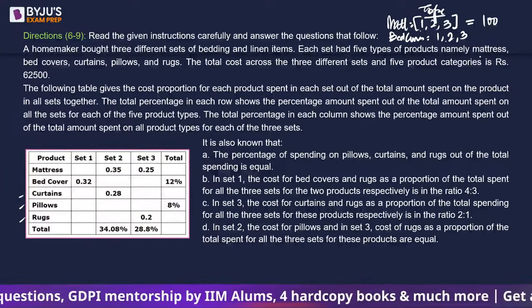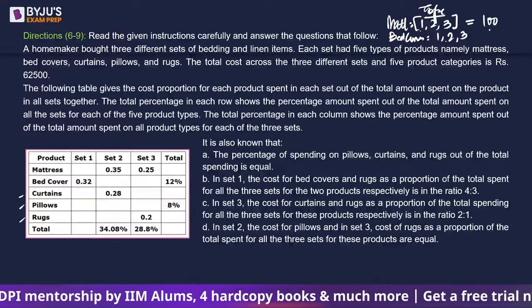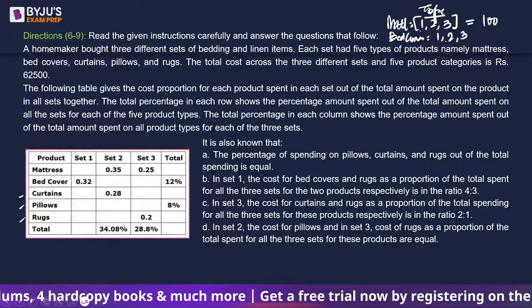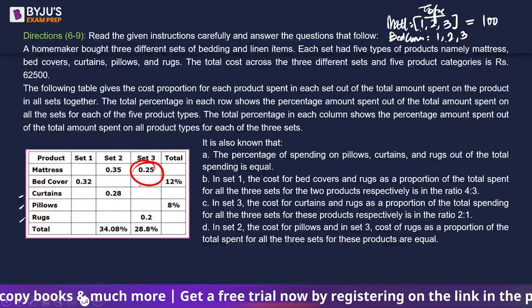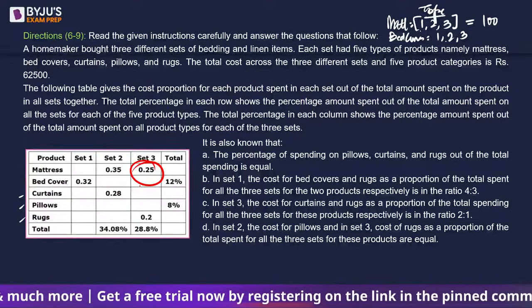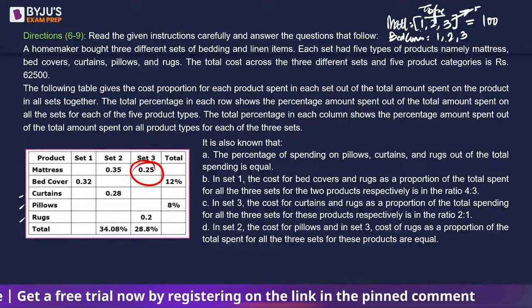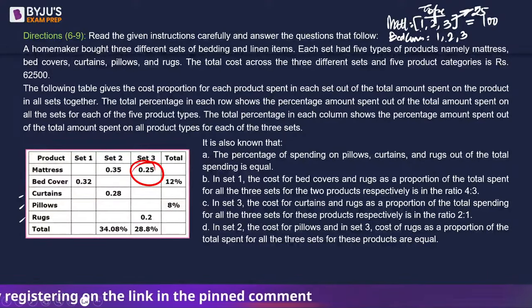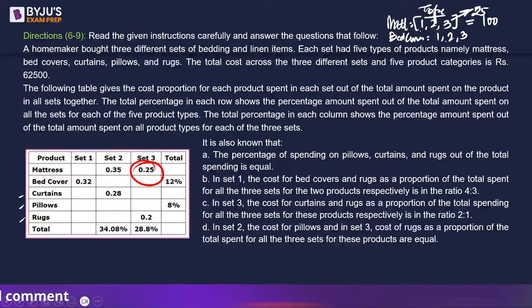Now when I look at the total amount I am going to spend on mattresses, suppose that is 100 rupees, right? So out of that 100 rupees, if you look here, 25% of that 100 rupees, that is 25 rupees, I spent on type 3 mattress. 35% of 100 means 35 rupees I spent on type 2 mattress. And similarly the remaining money on type 1. Right? Okay, so suppose I do that.